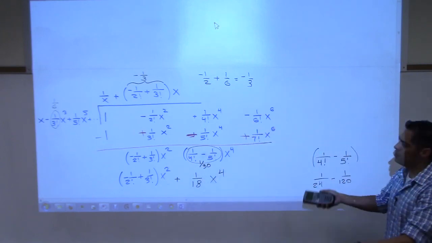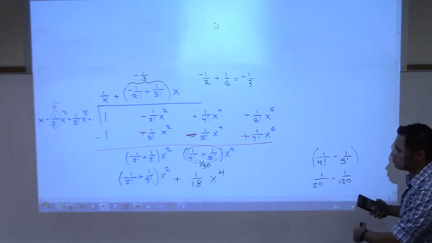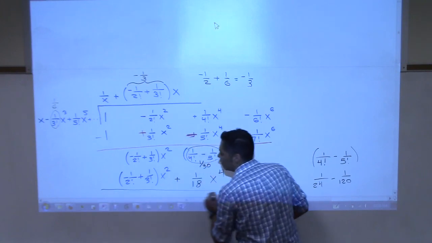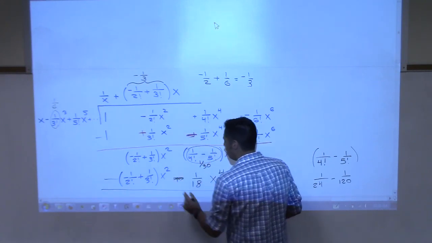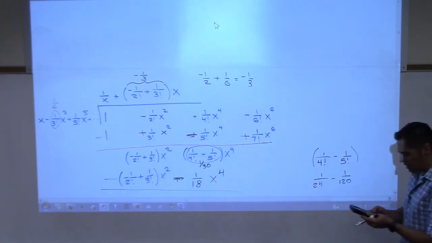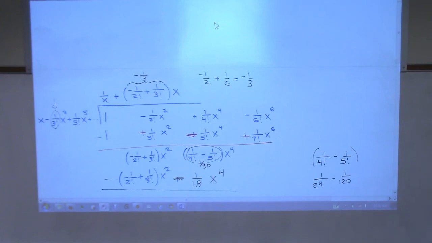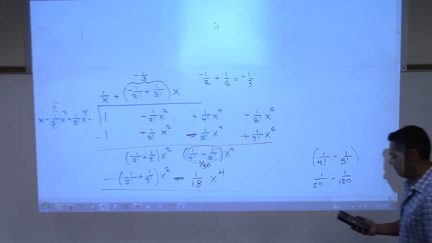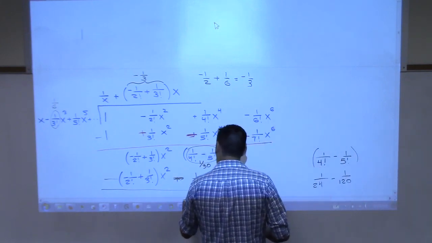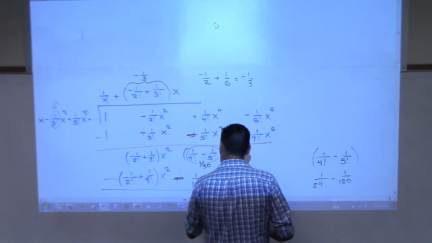And then what we would do is subtract the row, right? So we would come in here and change the signs. You're going to do 1/30th, and take away from it 1/18th. That should be positive. Negative 1/45 x to the 4th.